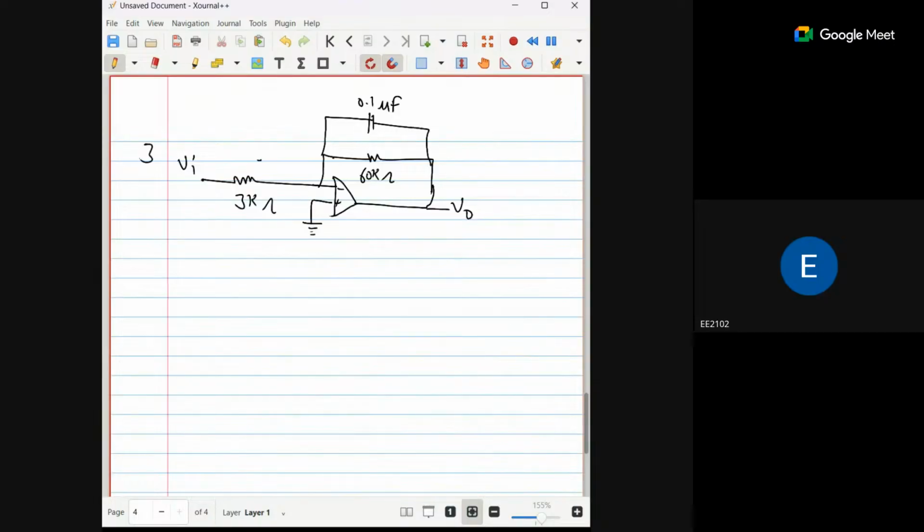We have to find out the magnitude of the voltage gain. Can you tell what is the formula of voltage gain? It is V0 by Vi.